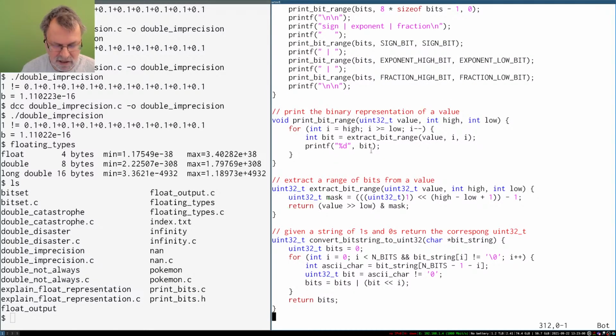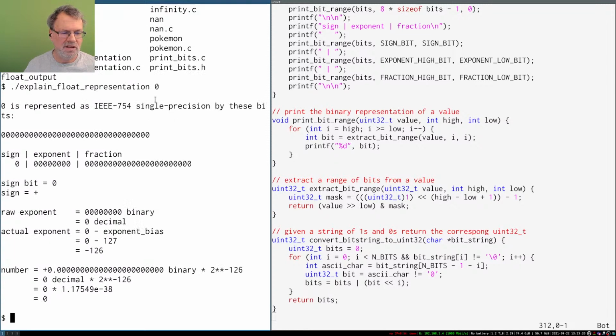That's a bit more calming. So let's try this out. I can give this any number and it'll tell me what bits are used for it. So let's give it 0 and ask it to show me what bits get used to store 0 as a float. Alright.